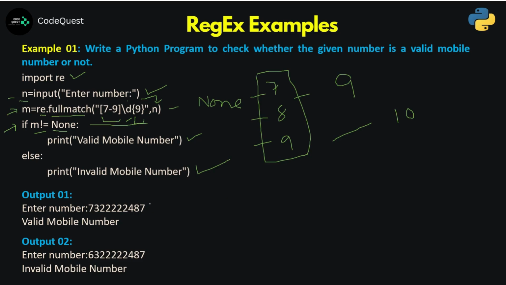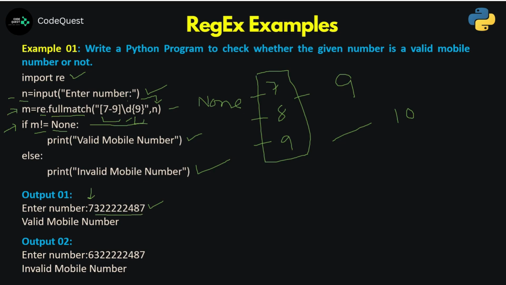While executing, we have taken this mobile number and you can see the first digit of this mobile number is 7. As per the pattern here, the first digit has to be between 7 and 9, so it can be 7, 8 or 9. As the first part of the pattern matches, we move on to the next one to see whether we have 9 digits available here.